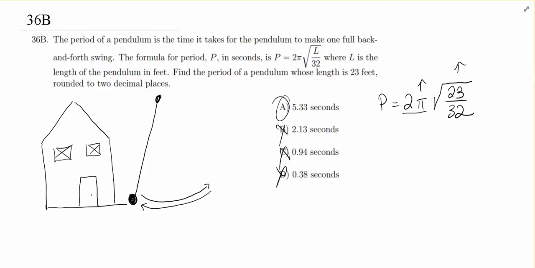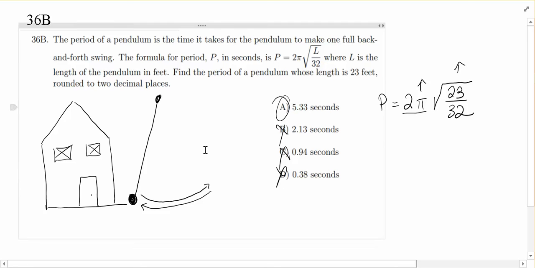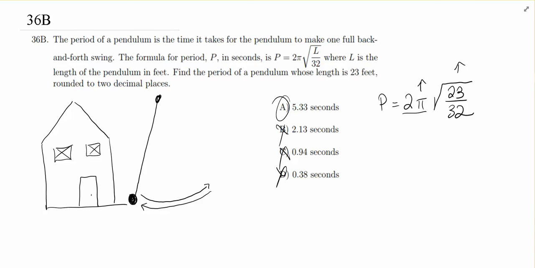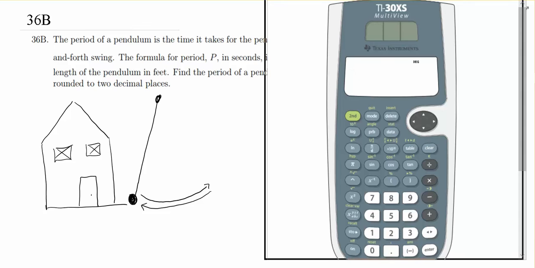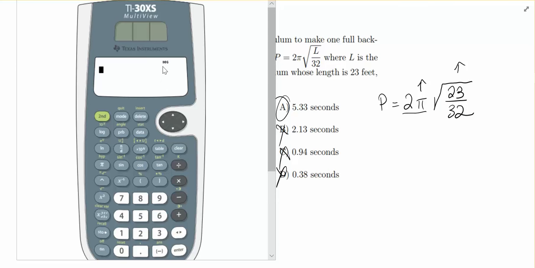Now, the reason I want to talk about getting a ballpark idea without plugging into the calculator is because that's going to help avoid some silly errors that pop up. For instance, a silly error that might pop up is to literally forget to type pi and say, I'm going to do my 2 square root 23 over 32, hit enter, and get an error.